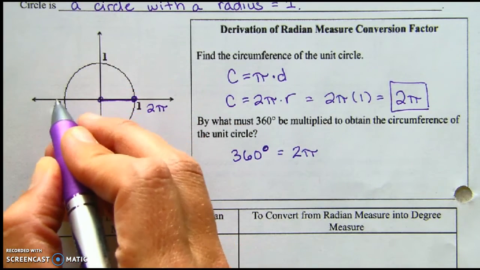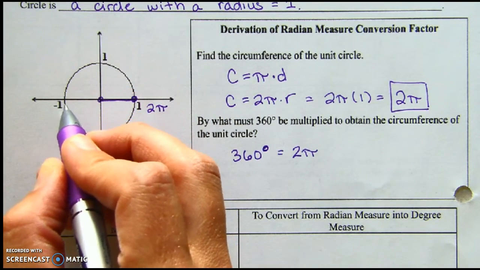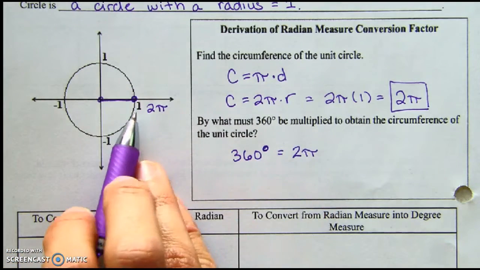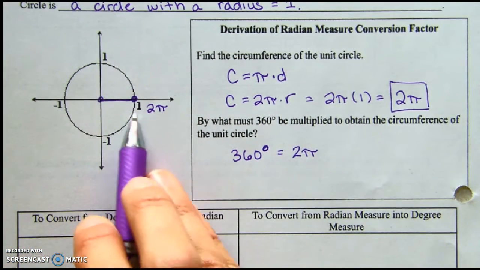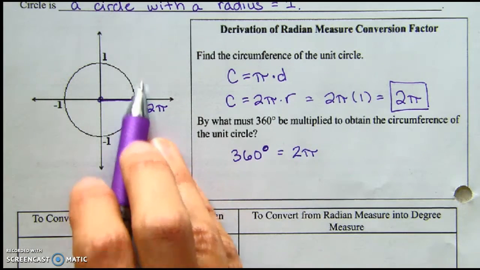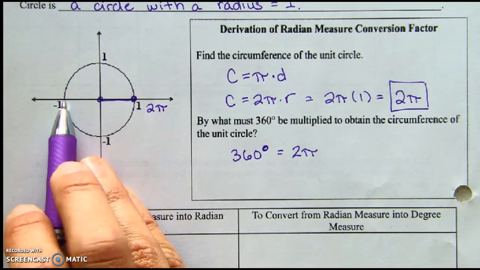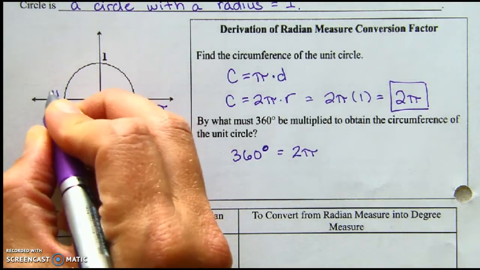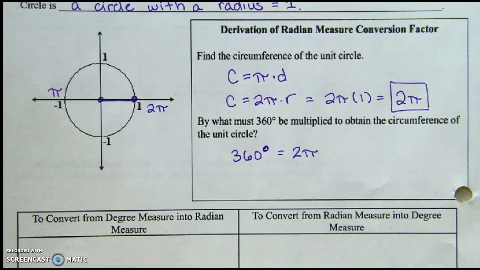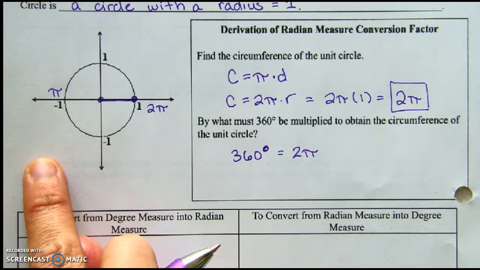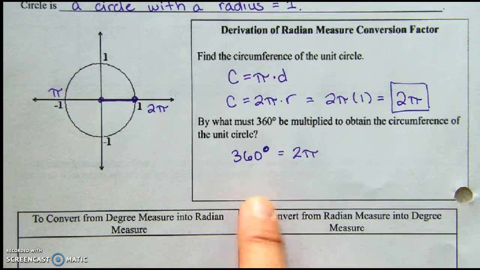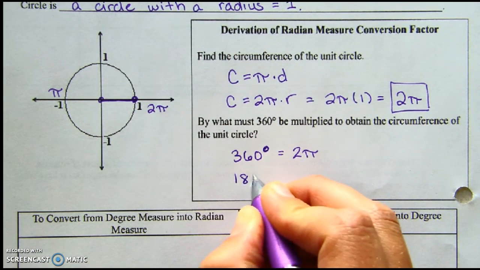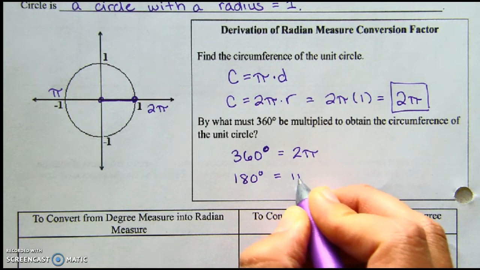What would 180 degrees be in radian measure? All the way around is 2 pi, so halfway would be 1 pi. Very good. So 180 degrees is equal to pi.